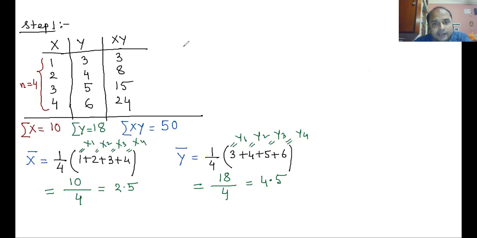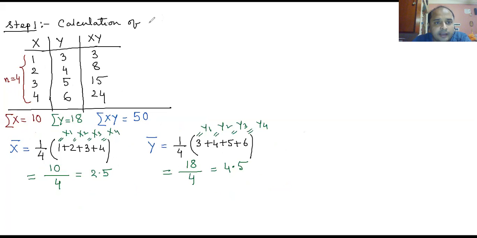In step 1, we are actually calculating the covariance of x and y. Covariance of xy is the thing which is present in the numerator. So that is the calculation we are doing over here.